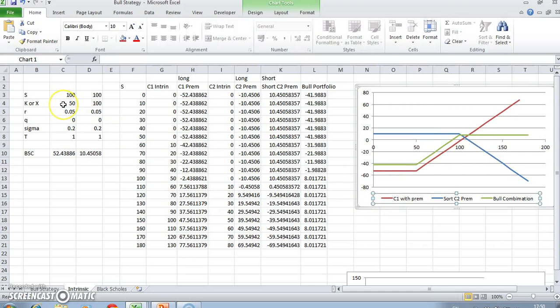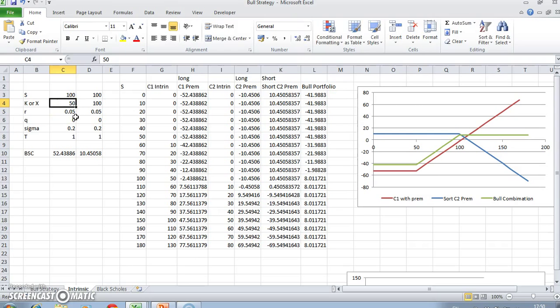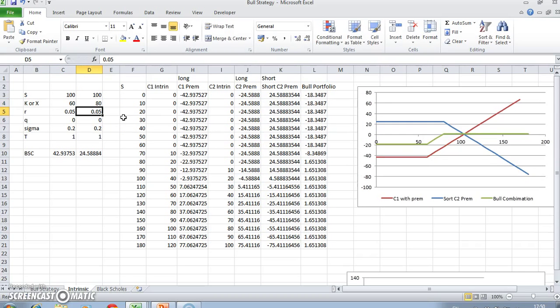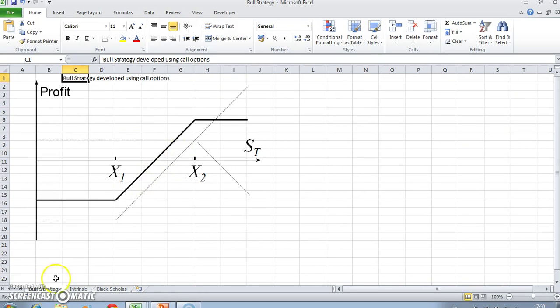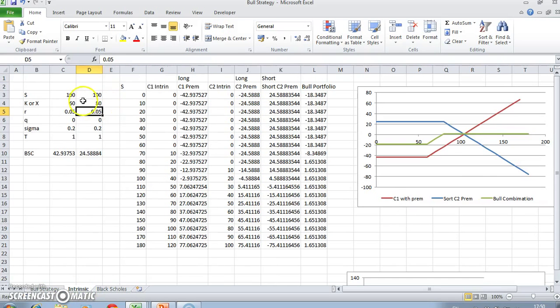Now, we could make this a little bit more dynamic. So we could maybe change this to 60 and change the exercise to 80. Everything will dynamically adjust. Okay, so let's change this to 50. Let's say this stock price is equal to this. And we pick a value of 70 here.